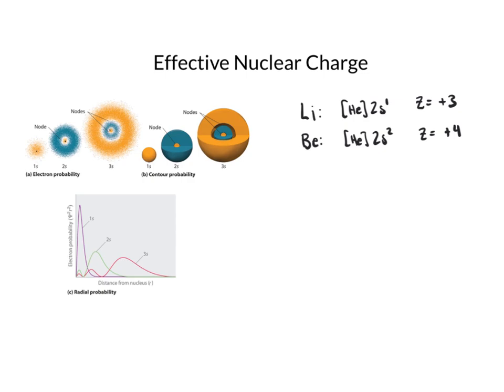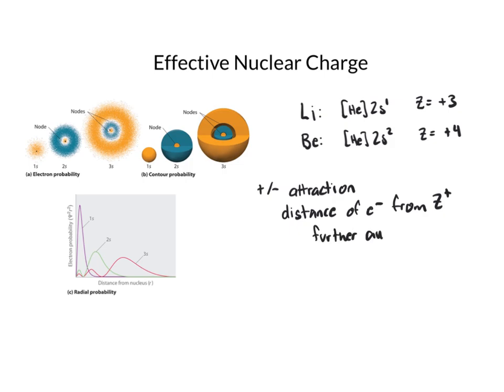So there's 2 things that are important when we're talking about plus minus attraction. The distance of the electron from the positive charge in the nucleus is going to make a difference. And the further away it gets, the less the attraction.